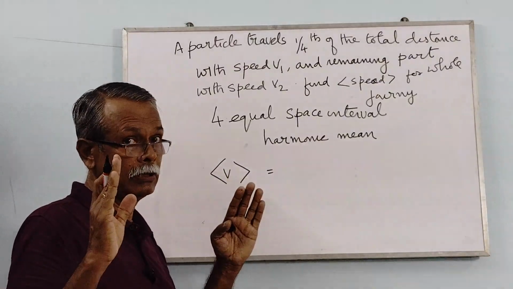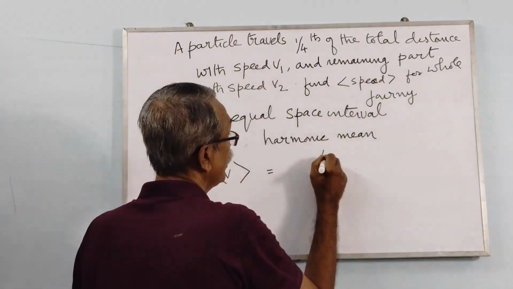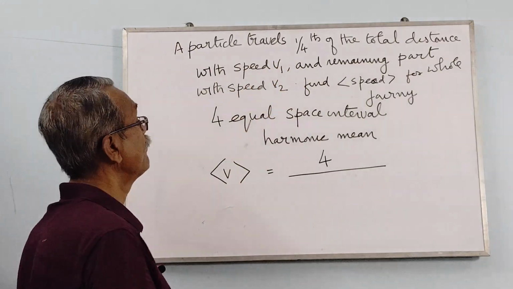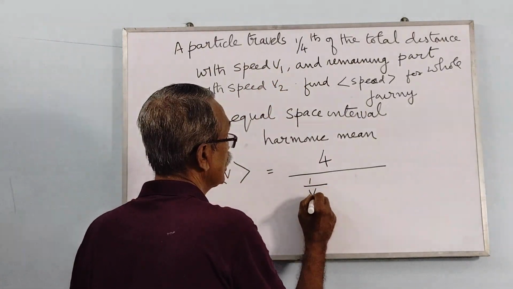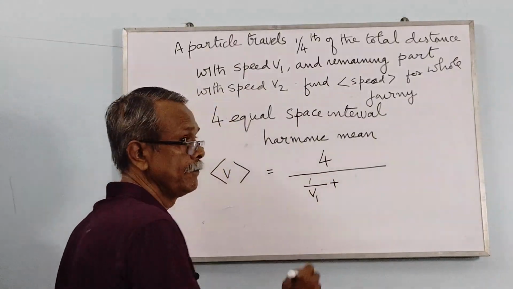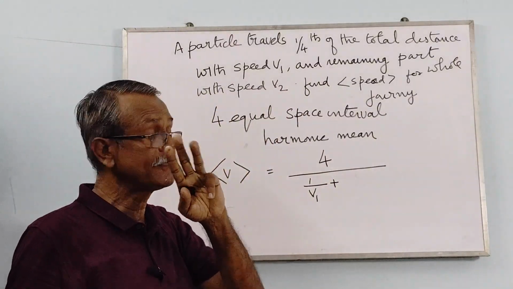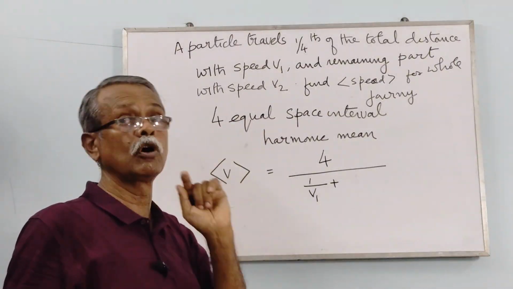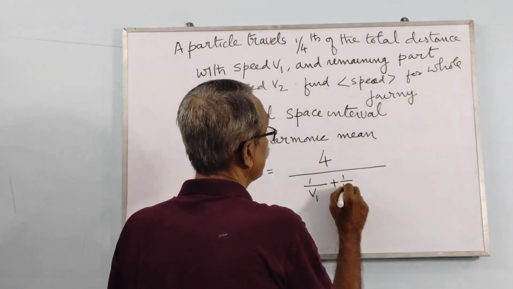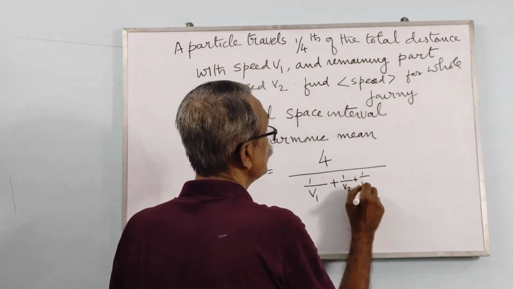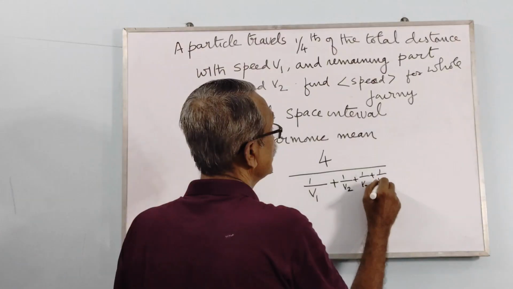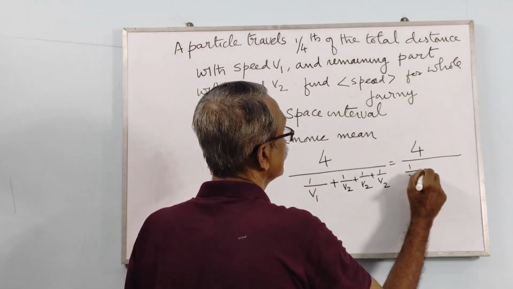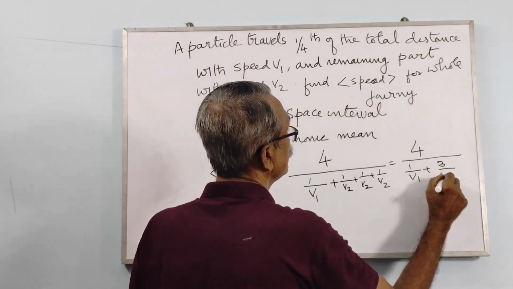Now we have 4 space intervals, therefore 4 divided by 1 over v1 for the first quarter, plus, for the remaining 3 quarters where the speed is v2, 1 over v2 plus 1 over v2 plus 1 over v2. That is 3 over v2. So 4 divided by (1 over v1 plus 3 over v2).